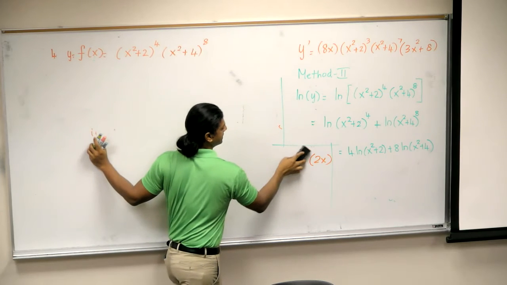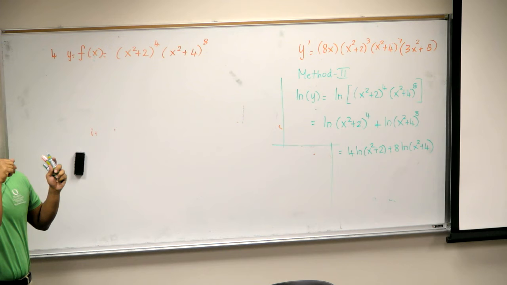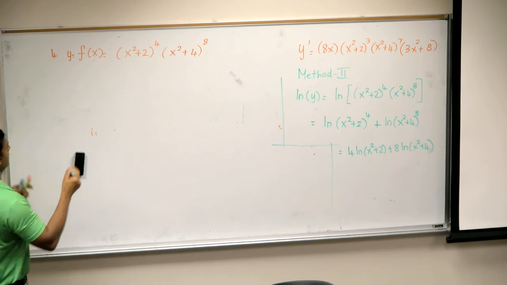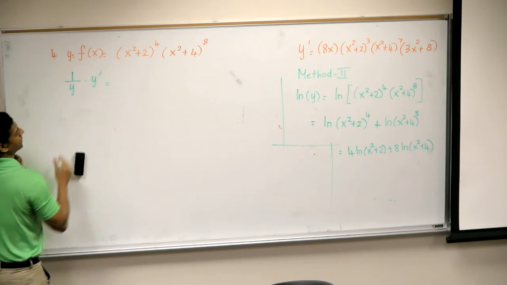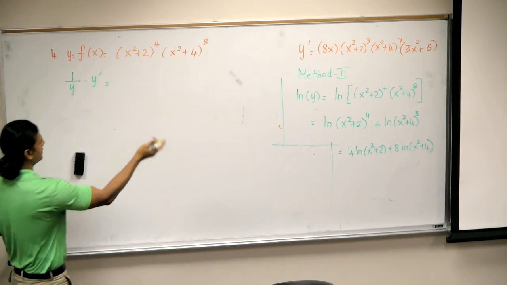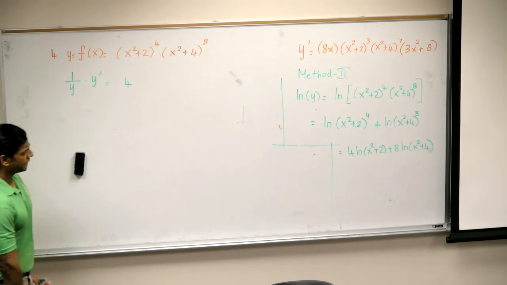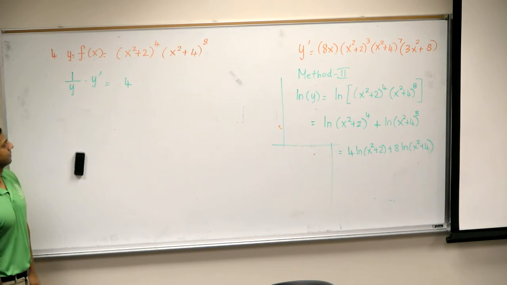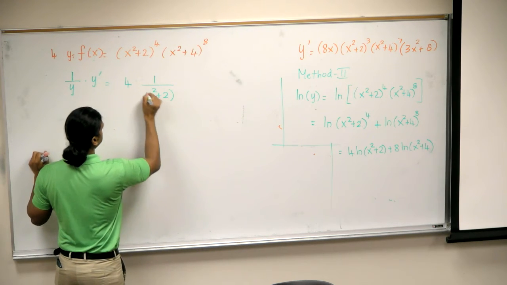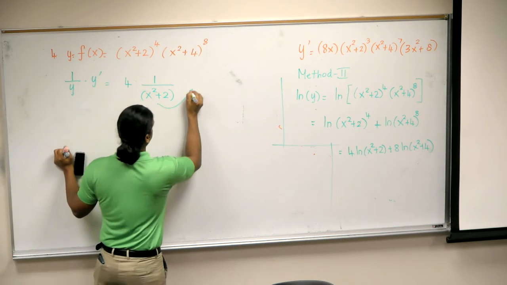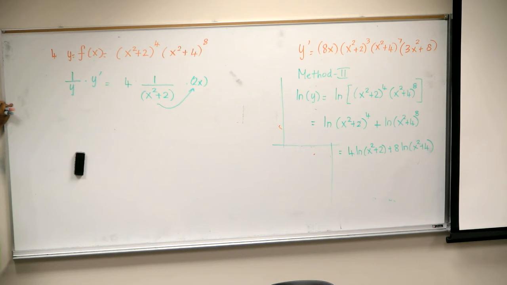Now I'm going to take the derivative on both sides. On the left hand side, what is the derivative of ln of y? 1 over y times y prime. Good. Now, right hand side, 4 times the derivative of ln of x squared plus 2: 1 over x squared plus 2, times 2x.